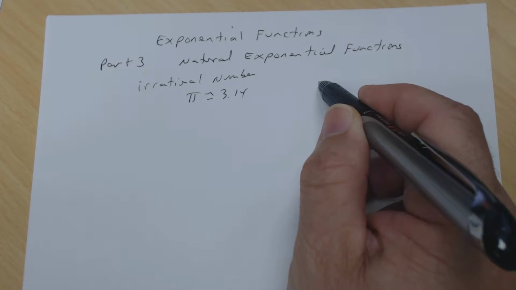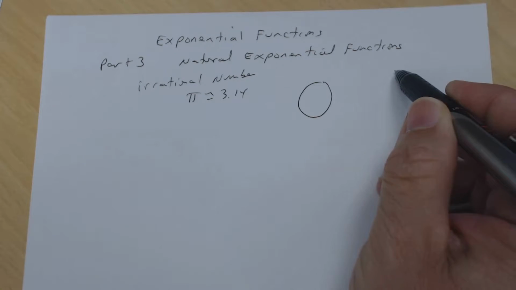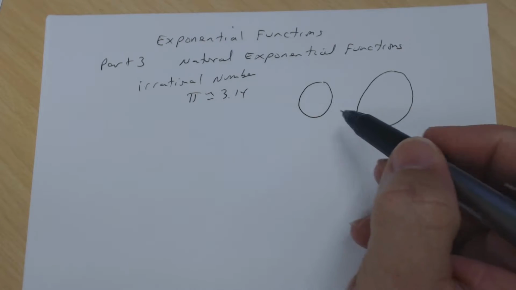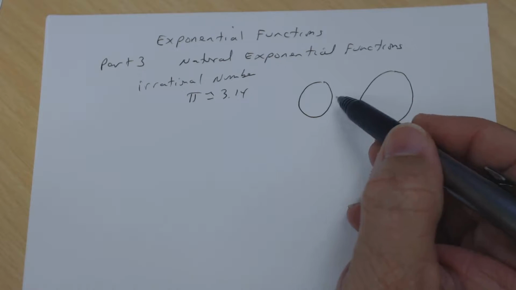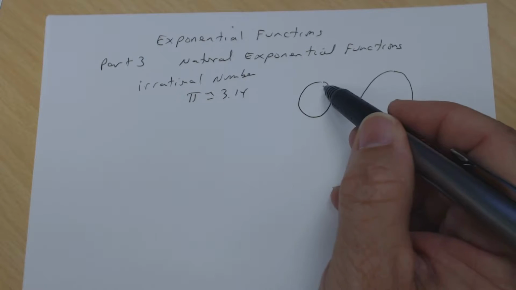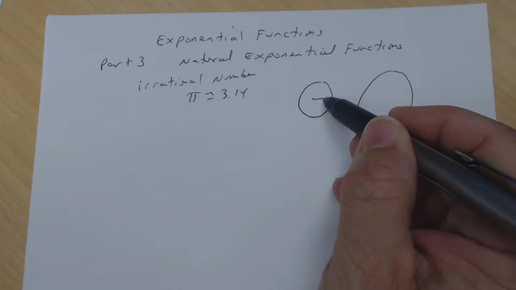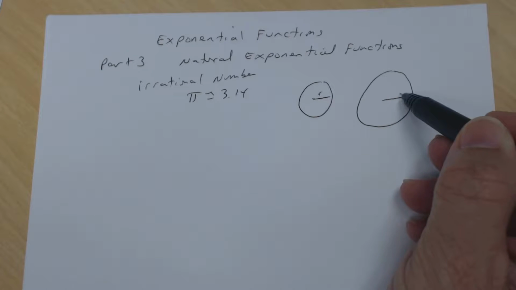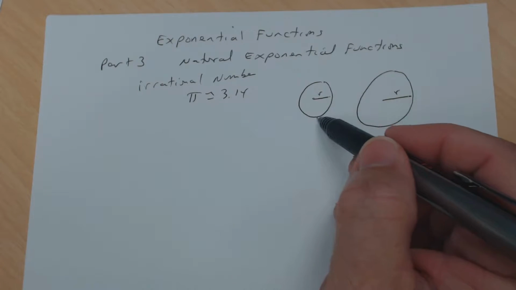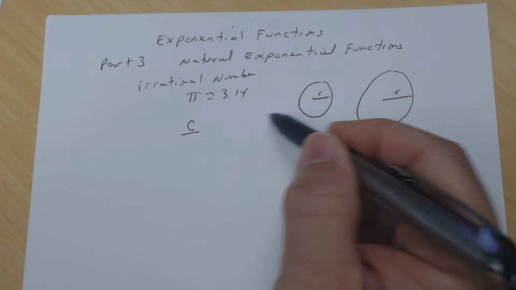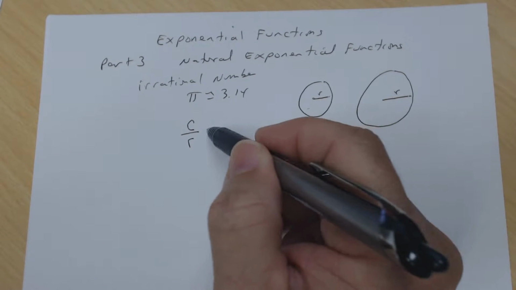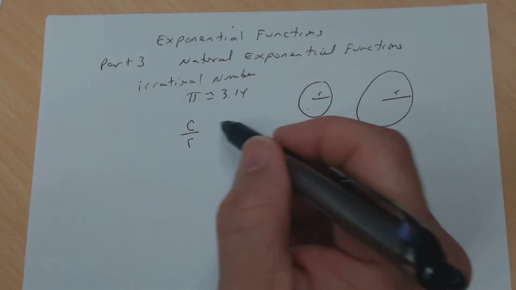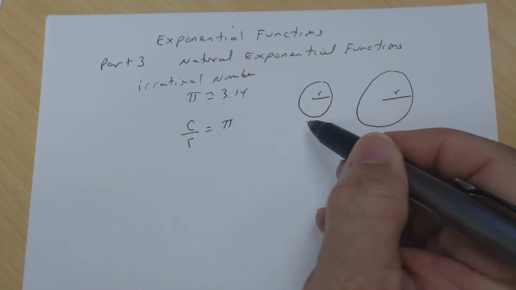If you take any circle, regardless of the size of the circle, and you look at the circumference, remember the circumference is the distance around the circle, and you divide it by its radius, it turns out that for all size circles, that ratio is equal to pi.